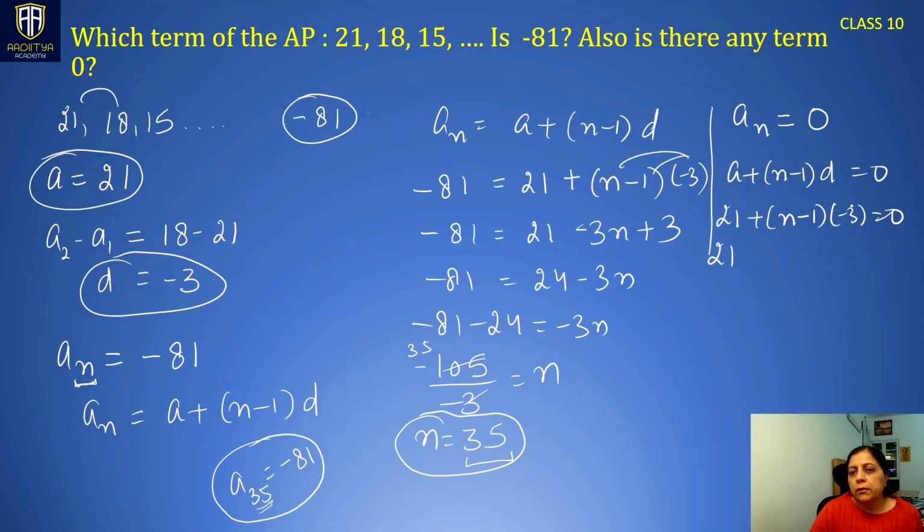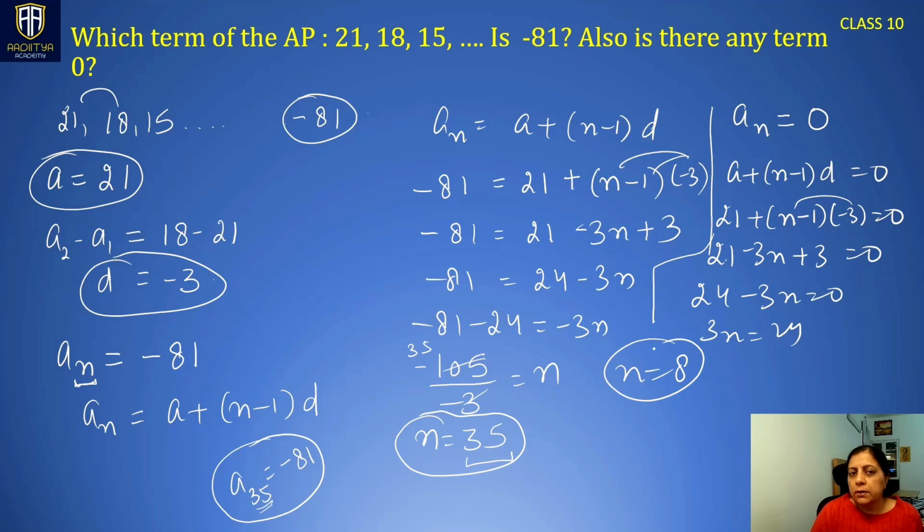This becomes 21 minus 3n plus 3 is equal to 0. 21 plus 3 is 24, minus 3n is 0. So 3n becomes 24, so n is 8. That means yes, we can have 0 as one of the terms of this sequence, and it will be the 8th term.